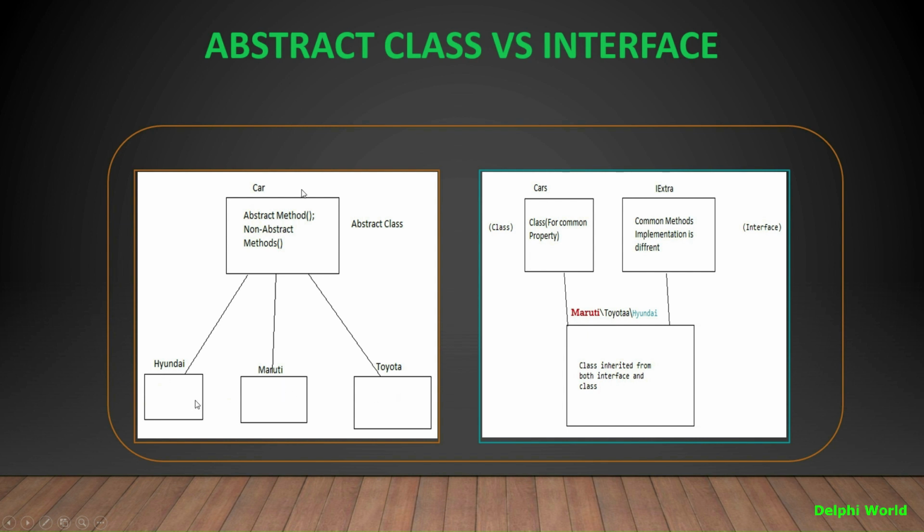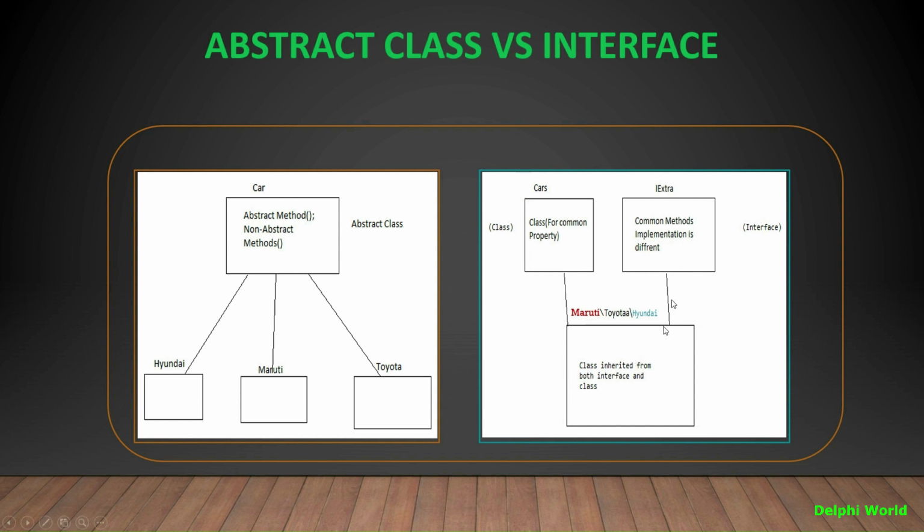If you implement the same thing via an interface, how do we implement it? We have to create a class with some common properties. Then we will create an interface that will have the common methods, where the implementation is different. When you create the TMaruti, TToyota, or THyundai class, we inherit the TCar class, and the interface IExtra will be inherited into the Maruti, Toyota and Hyundai classes.